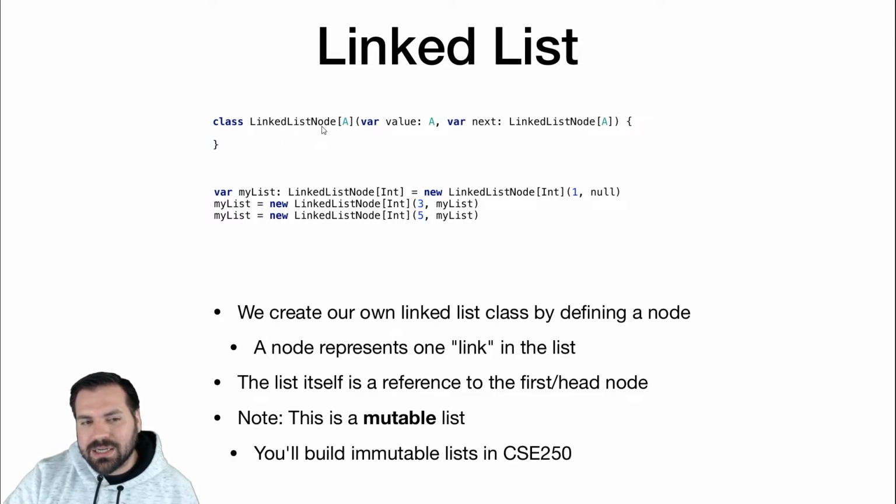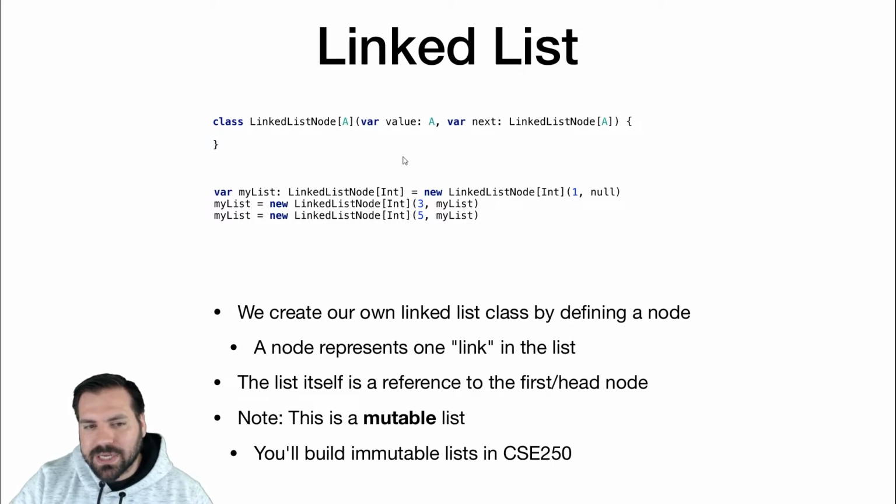So I have a linked list node. That's what we're going to call each one of those sections in memory. That's what each object is, which is going to store two values. One, the actual value of that element of the list. And two, a reference to the next node, which is of the same type as this node. So if we want a linked list of type int, we're going to create a linked list node of type int.